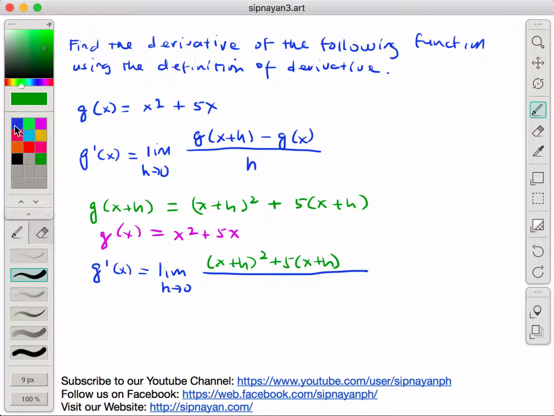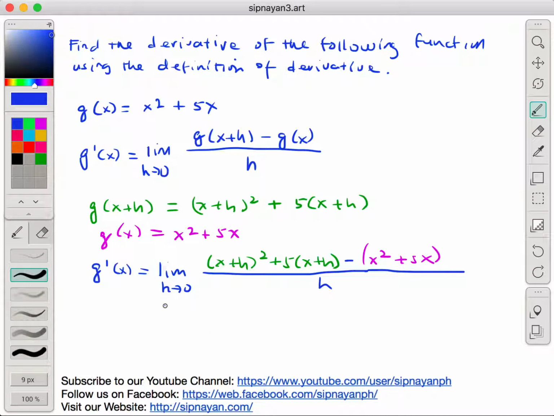And then we have a minus here, and then g of x, which is this expression: x squared plus 5x. Since we are subtracting the whole expression, it should be in parentheses because the signs will change later. And then we have an h in the denominator.